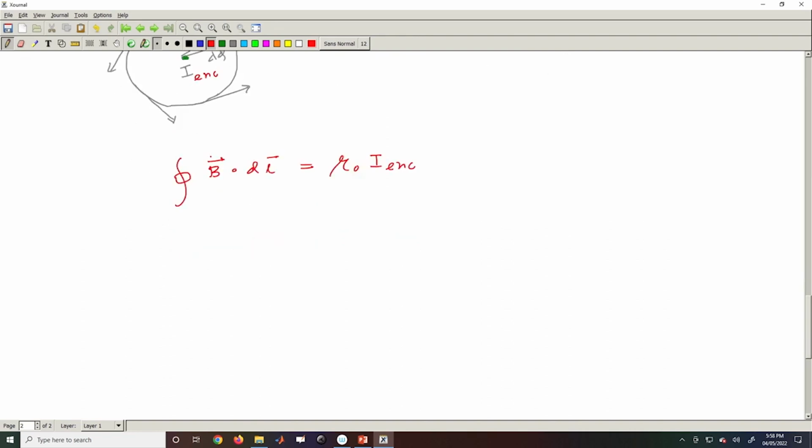It is indeed a Gaussian kind of law. In electrostatics we had a similar law, where the integral of E dot ds is q enclosed divided by epsilon 0. So, here we have a similar kind of thing.